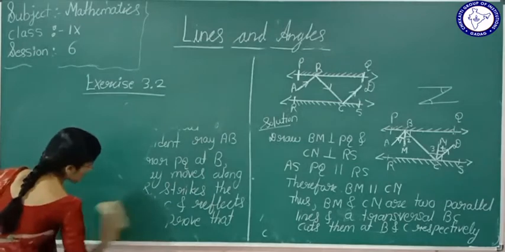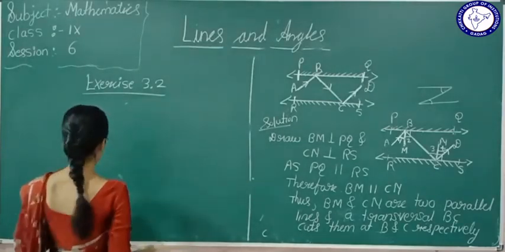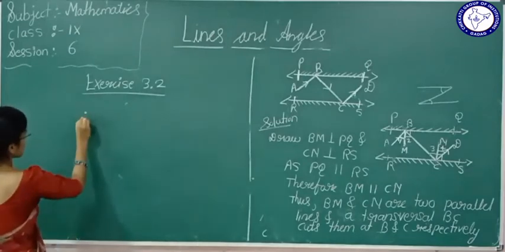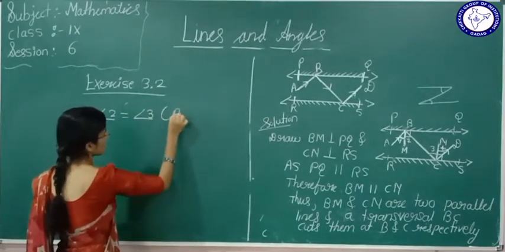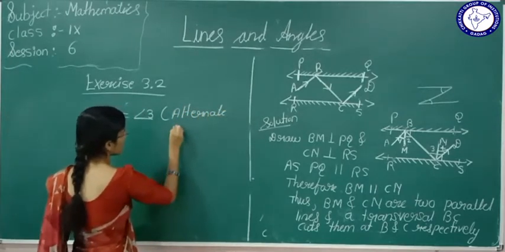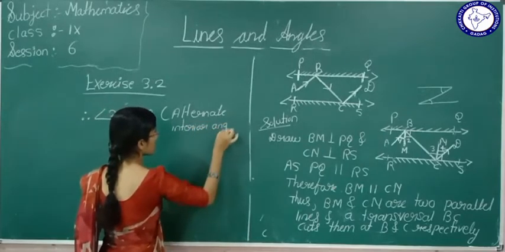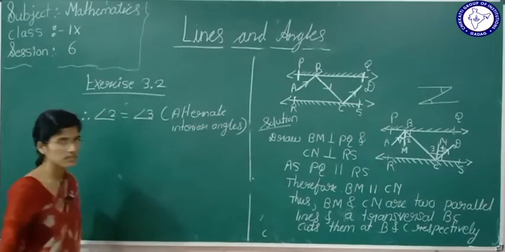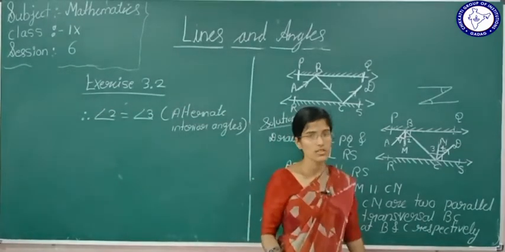Alternate interior angles are equal. Yes or no? We can tell that, therefore angle 2 is equal to angle 3. What is the reason? Alternate interior angles.